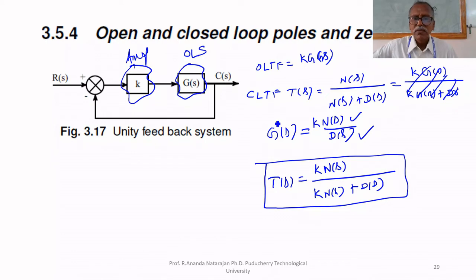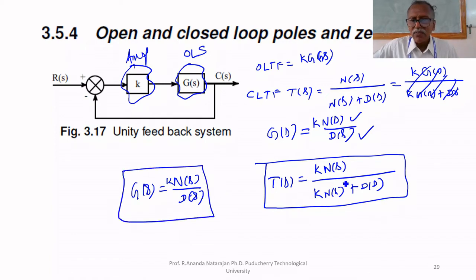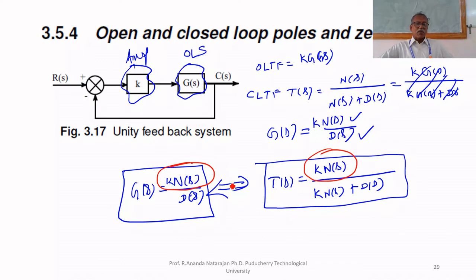Now, what is the difference between the open loop transfer function and the closed loop transfer function? Open loop transfer function is k N of s upon D of s. Closed loop transfer function is k N of s upon k N of s plus D of s. If you compare both, there is no difference in the numerator polynomial.